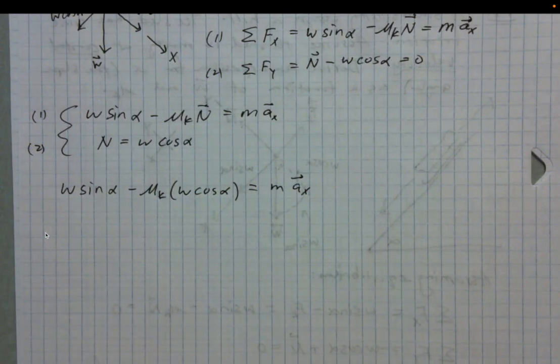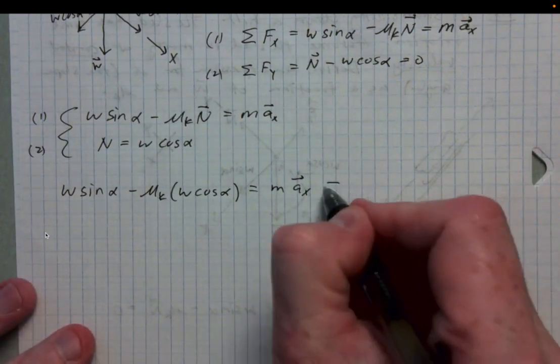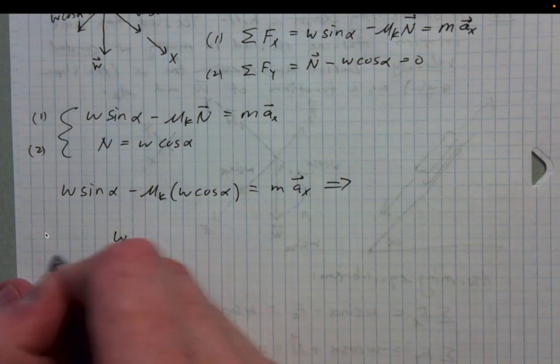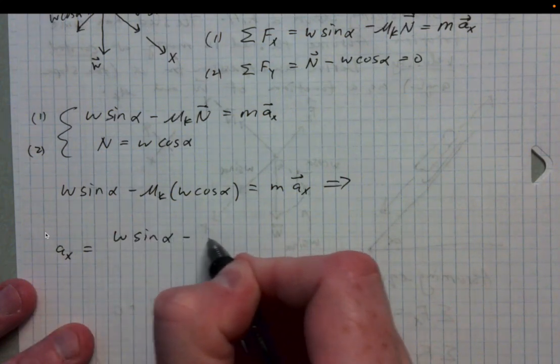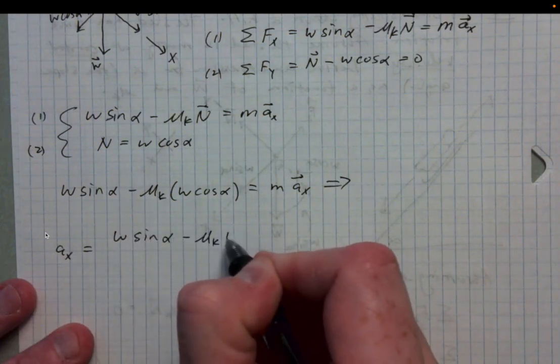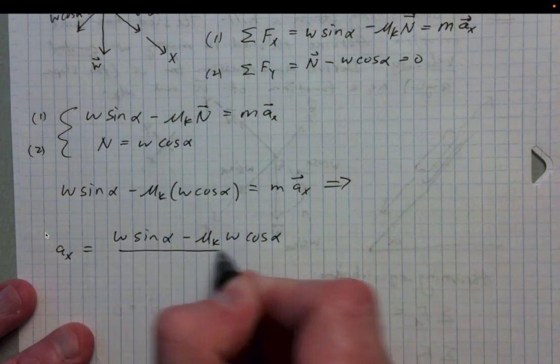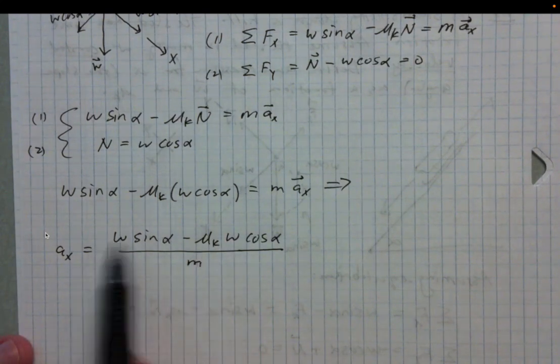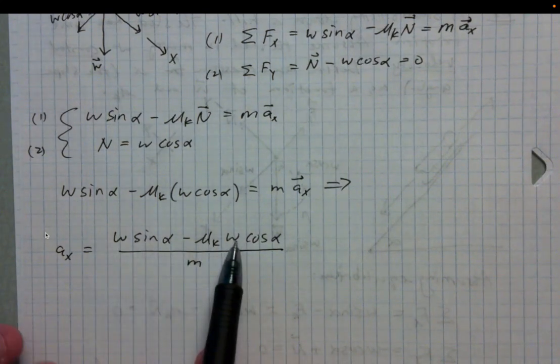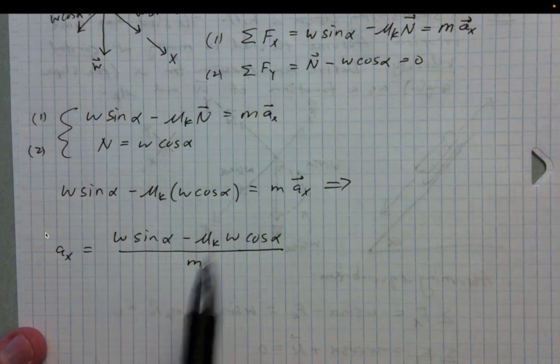And so I want to solve for a, right? I'm solving for the acceleration, so I'm actually almost there. I'm going to write a sub x is equal to W sine alpha minus mu sub k W cos alpha all over the mass of the sled. Now, you could be done here, technically, but there's a better way to do this. If you notice that the weight is in both terms, and both terms include an m, therefore we can do some cancellation.